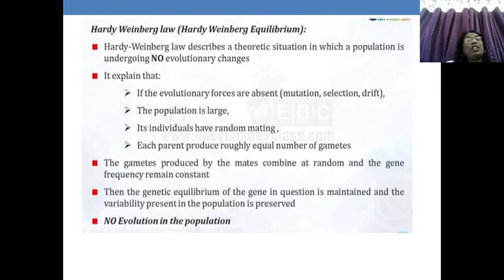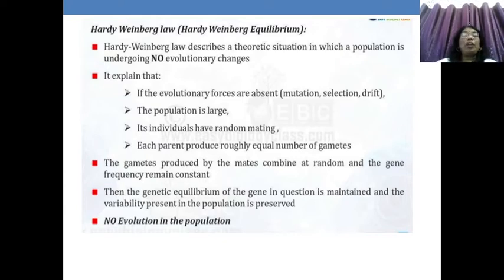The population is so large that if any mistake takes place, that mistake becomes negligible due to the large population. The individuals show random mating, there is no selection for specific genotype, and the parents produce equal numbers of gametes. Then the gametes produced by the mating combine at random, and the gene frequency remains constant.